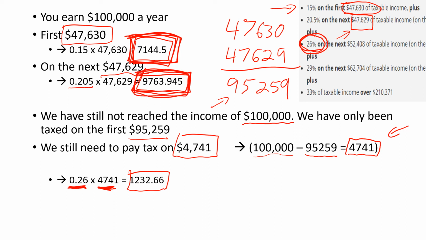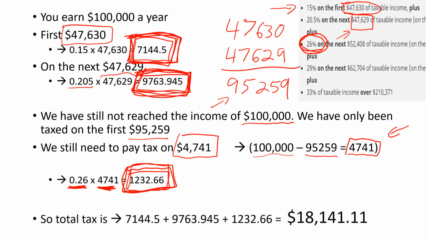Okay, and then I add that to that $1,232, and I get the final number of $18,141.11. Okay, so a person who makes $100,000 a year has to pay $18,141 in taxes.